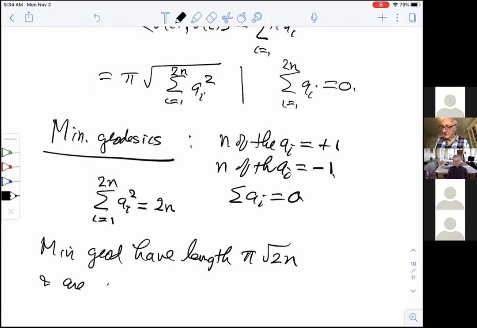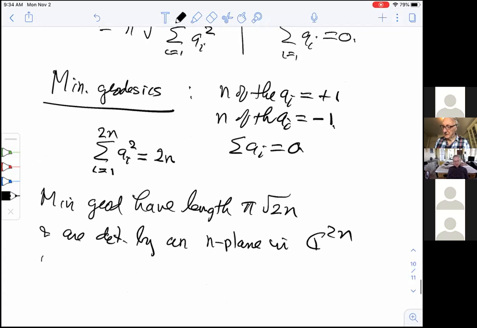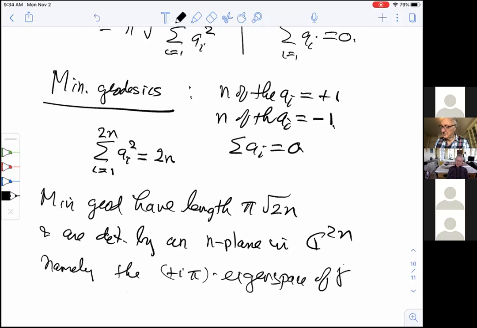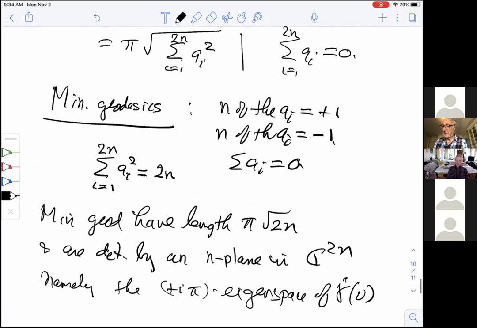And they are determined by a complex n-plane in C^2n, namely the plus i pi eigenspace of gamma dot of 0.